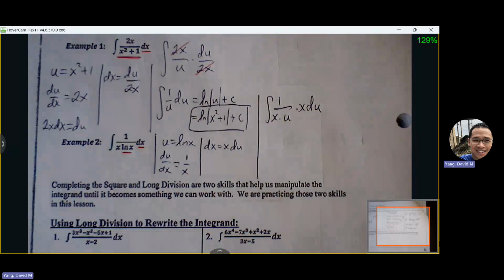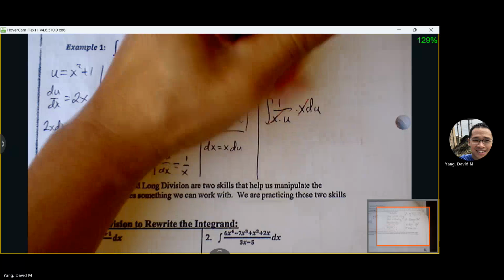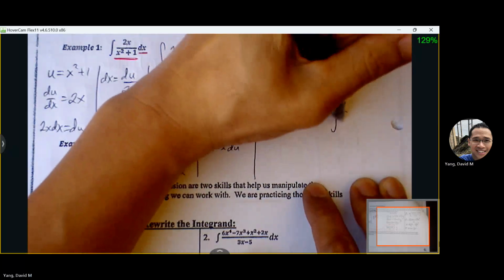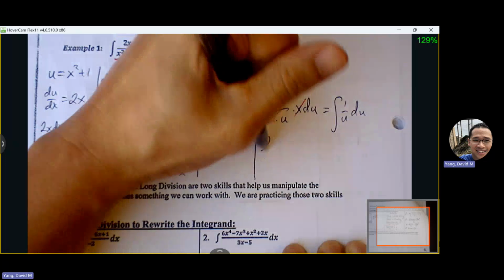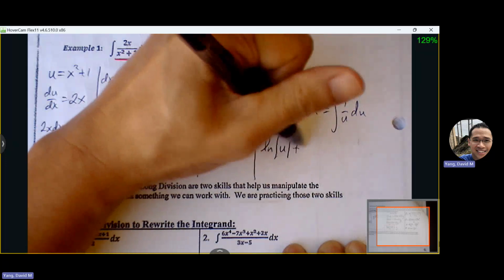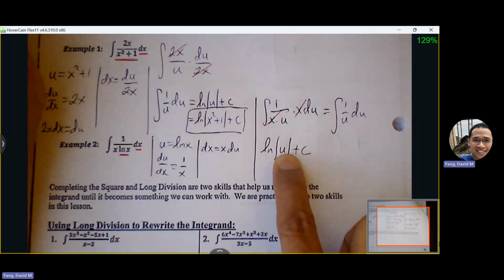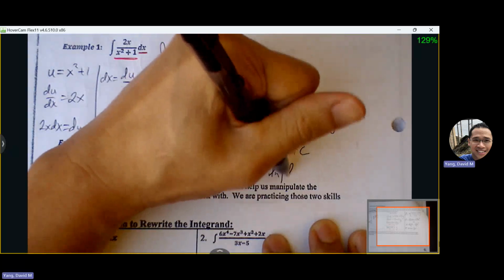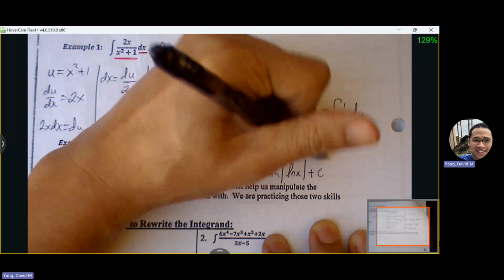The x's cancel out. We're left with 1 over u du, which is natural log absolute value of u plus C. Replace the u back in terms of x. Natural log of absolute value of natural log of x, plus C, is our answer.